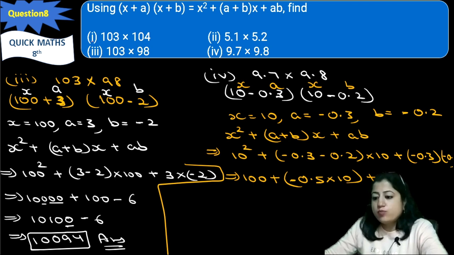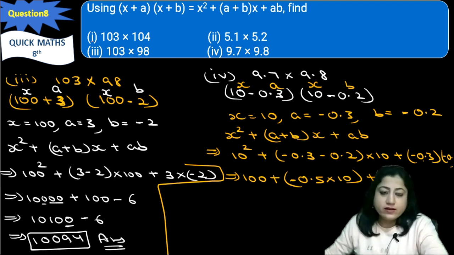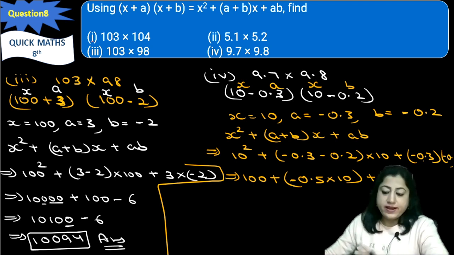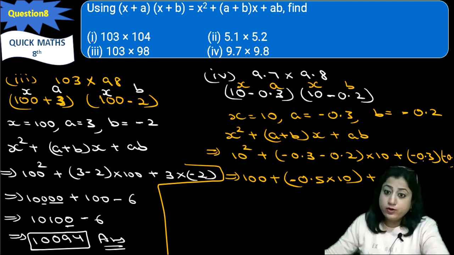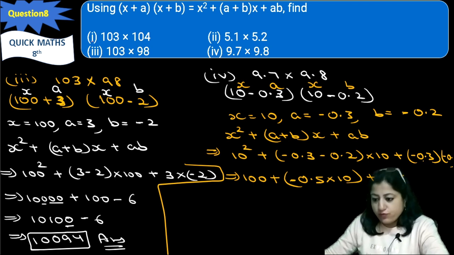Plus, it is the 0.3, 0.2 multiplication. Neglect the decimal and negative sign, then it is 3 multiplied by 2 means 6. First of all 6, decimal of 2 places, it will be 0.06 and minus minus means double minus, it is in pair, so it will be cancelled out. So it will be positive 0.06.